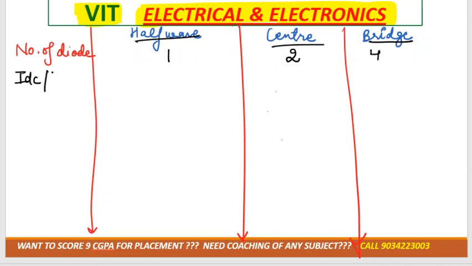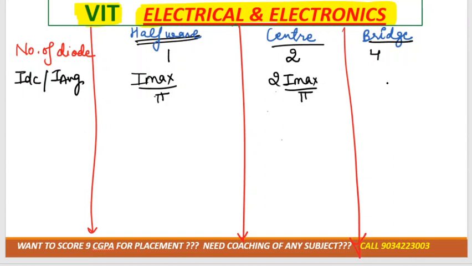Now the formula for the IDC, or we can say the average value of current. Can you tell me what is the formula for the half wave rectifier? That is Imax divided by pi. Imax is the maximum current. For the center tap, it is 2 Imax by pi.